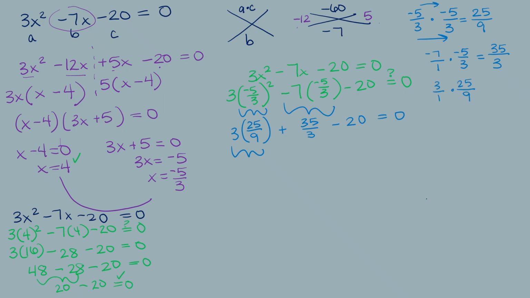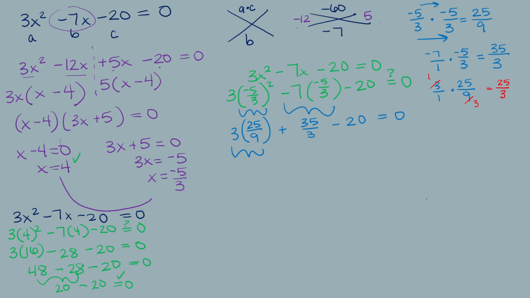This is pulling from past math understanding, but you can simplify by cross-dividing: divide this 3 by 3 and this 9 by 3 and get 1 and 3, so that it becomes 25 over 3.